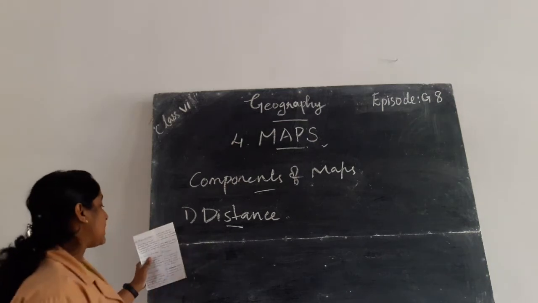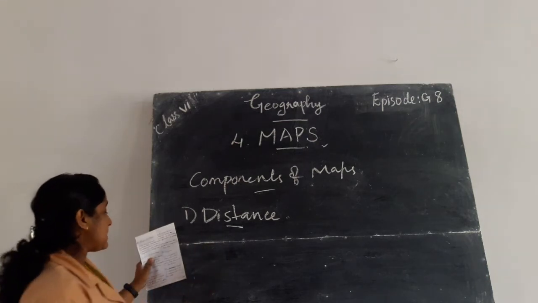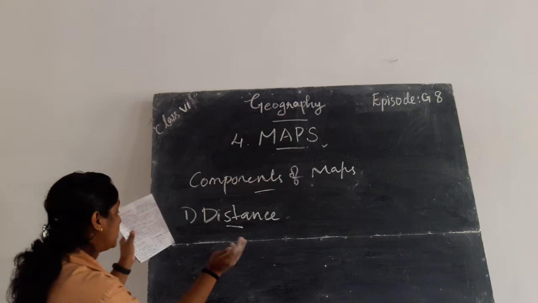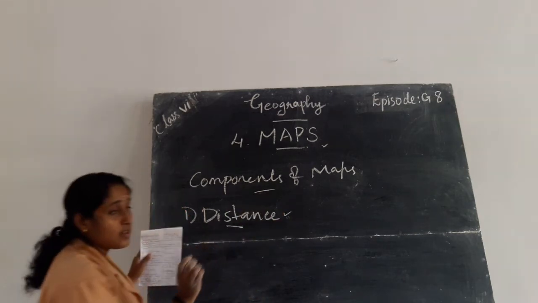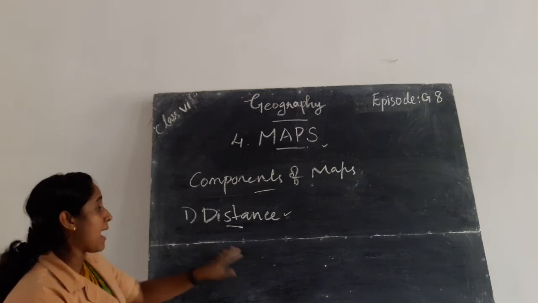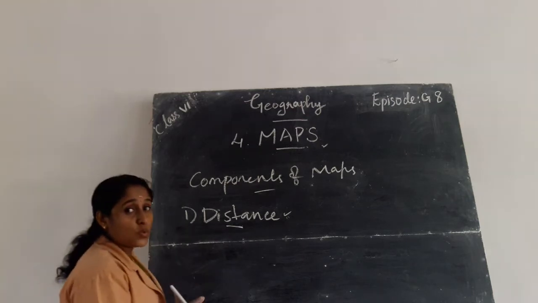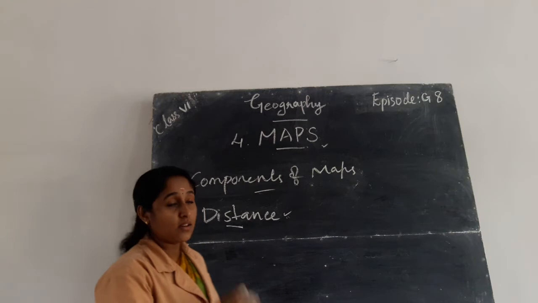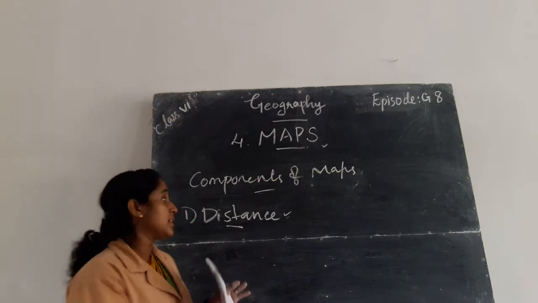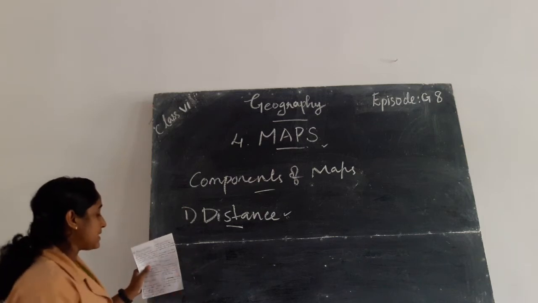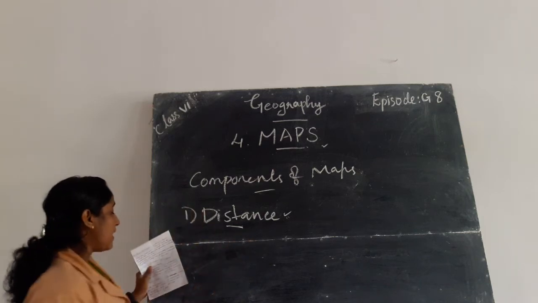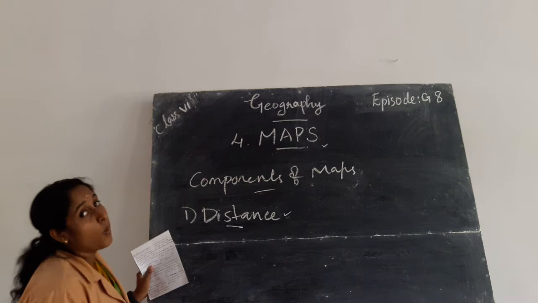So distance is represented by a smaller unit on a map, to show the distance between cities, country to country, state to state or continent to continent.